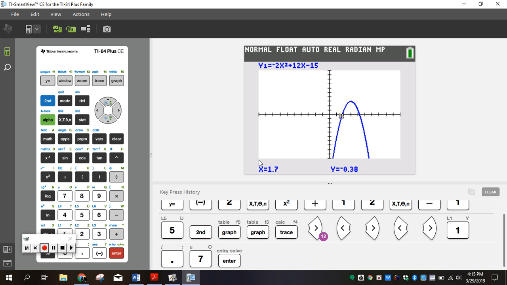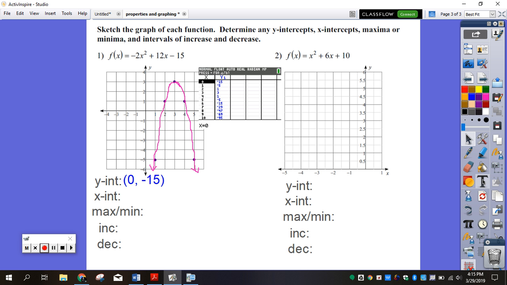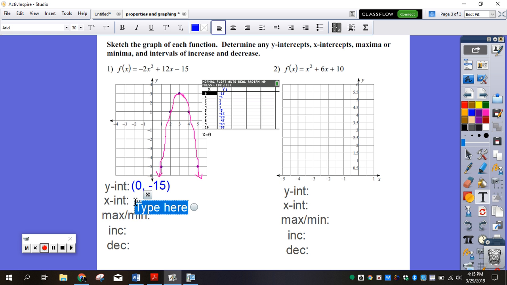Pretty close. 1.75. That's even closer. So let's go with 1.75. So our x-intercept is approximately 1.75.